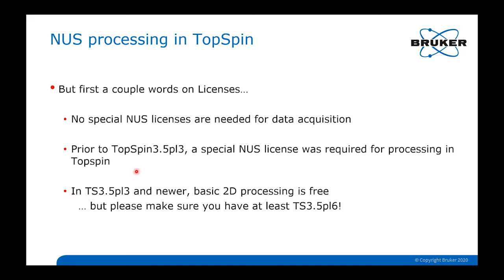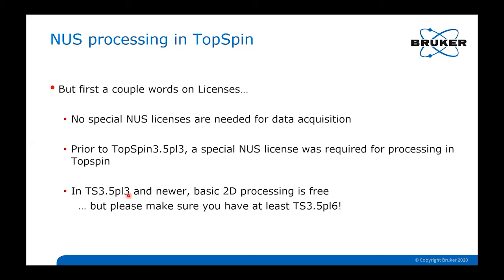But as of a couple of years ago, starting with TopSpin 3.5, patch level 3, we no longer need a special license for processing 2D experiments. So simple 2D experiments for the last couple of years, if you have this version of TopSpin or newer, does not require that special processing license. You don't necessarily need this on your spectrometer, but whatever computer you're using to process your data, if you want to use process NUS for those 2Ds, it doesn't require that license.